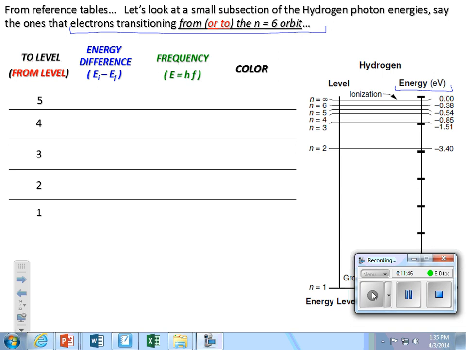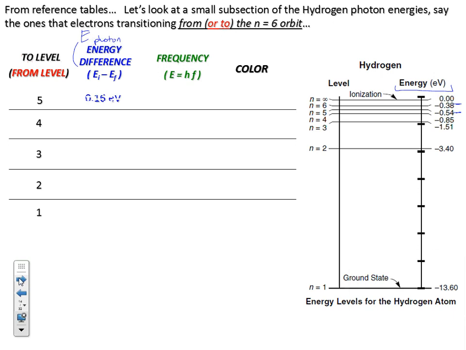All right? And so the important thing for us to look at is the energy of a photon, which is really this part, E photon, which is equal to the difference in the energies of those two states. If you compare energy of state 6 and energy of state 5, the difference is 0.16 EVs.